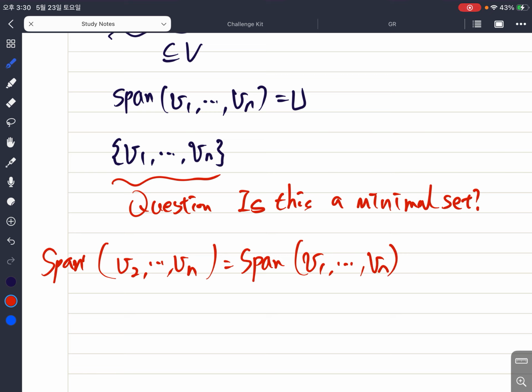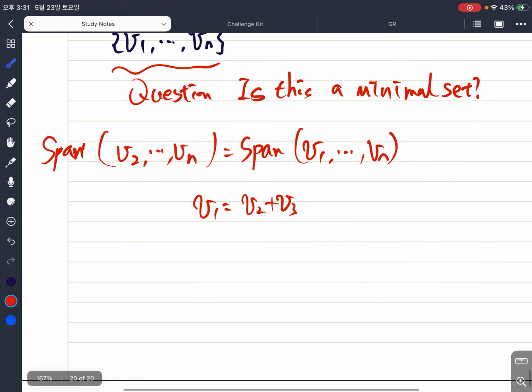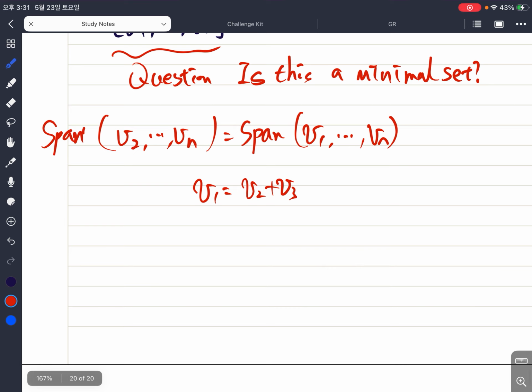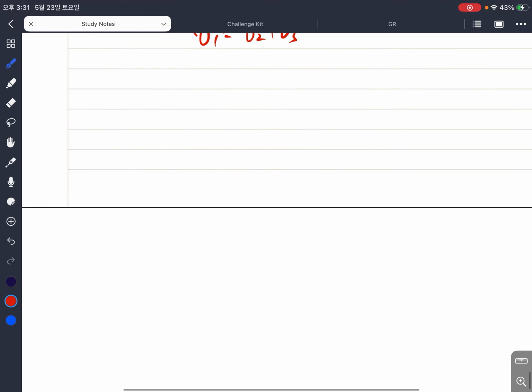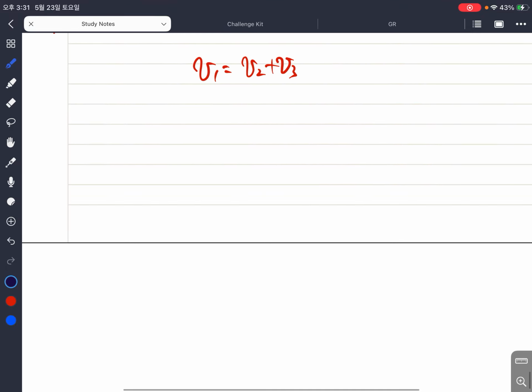Then you don't need v1 to span. So this can happen. For example, v1 is something like v2 plus v3. In this case, because v2 plus v3 already contains v1, you don't need to write v1. So the question is that you have some set of vectors in a vector space, and you can always make the span of them. Is it a minimal set to span the space? The answer is yes if it is linearly independent. If it is not, no.